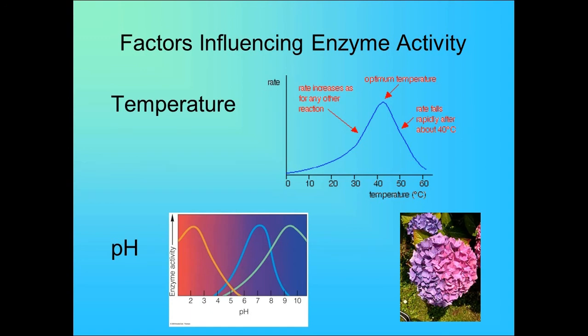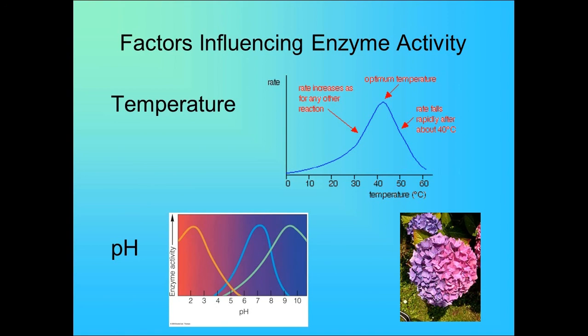Enzymes are particularly sensitive to the concentration of hydrogen ions in the fluid that they are found in, because changing the hydrogen concentration changes the balance between the positive and negative ions within the enzyme itself. Basically what that means is that if you have too many hydrogen ions, they begin to imbalance the enzyme and it begins to come apart.